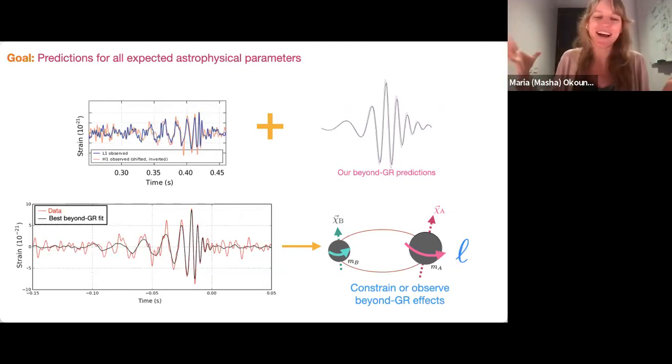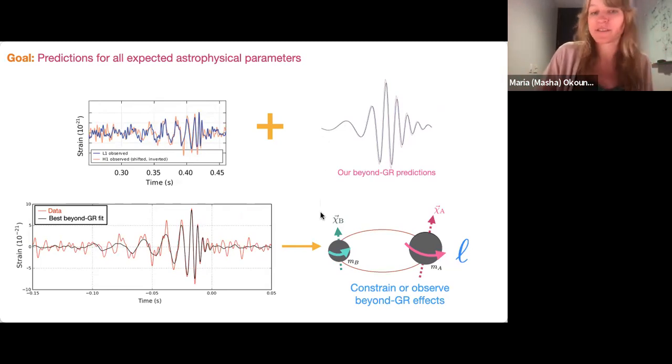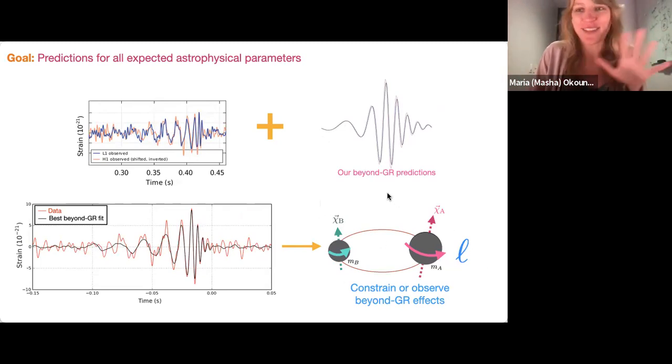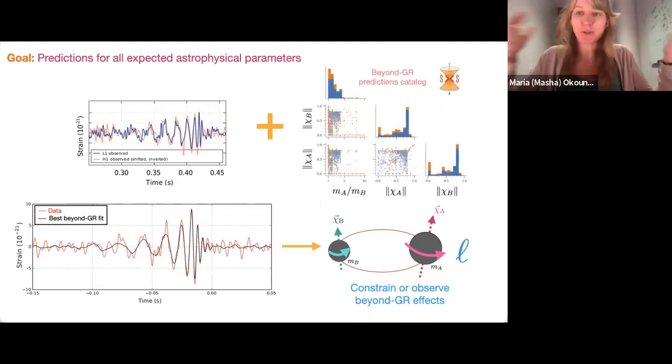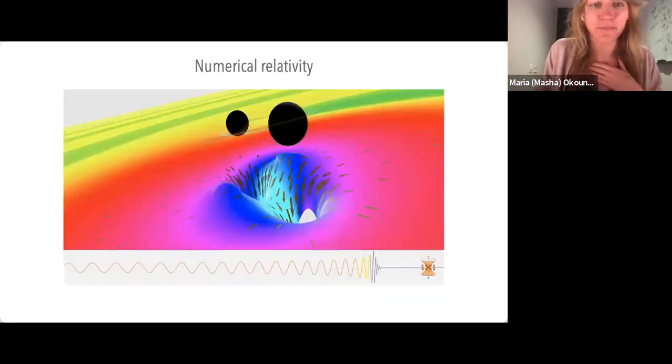And our ultimate goal here is to take gravitational wave data, combine it with our beyond GR predictions in specific theories, and run it through a pipeline where we fit our beyond GR waveforms to the data and use this to constrain or observe beyond GR effects to do parameter estimation on the system, including a beyond GR length scale. And so we really want to build a beyond GR predictions catalog in the same way that within SXS in 2019, we released a catalog.